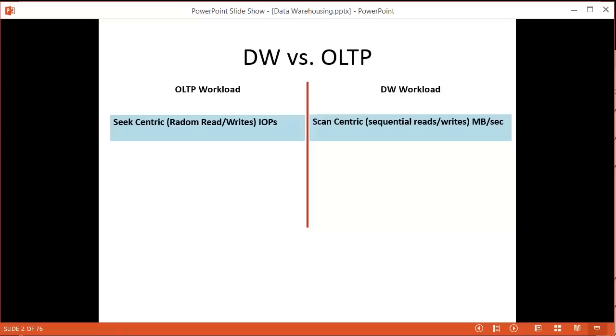So in contrast to the many small data sets returned with OLTP systems, data warehouse workloads return very large data sets, and so the appropriate measure of performance is megabytes per second. In other words, throughput. How much data can I quickly deliver off my disk onto my CPU to be aggregated?